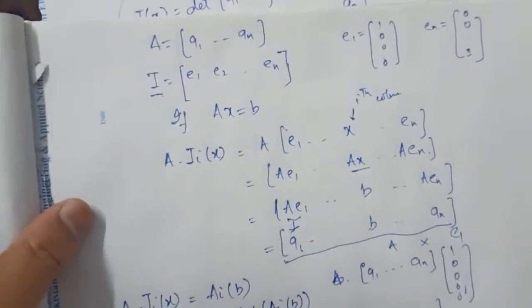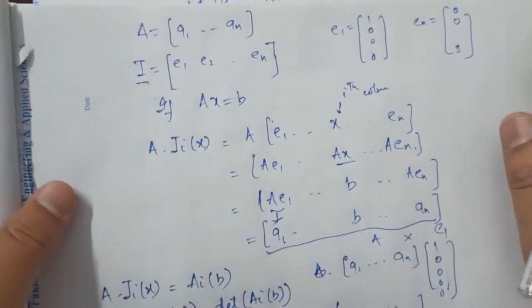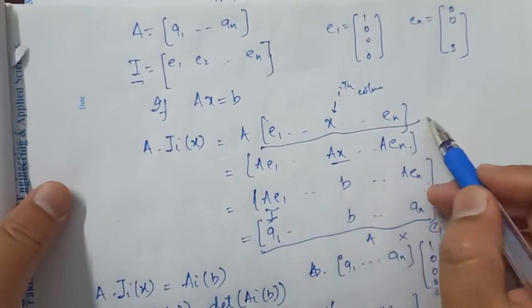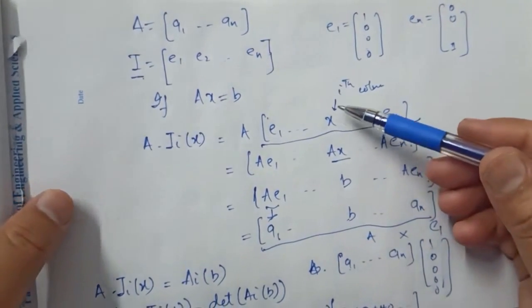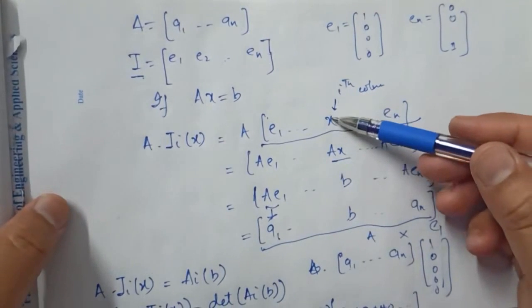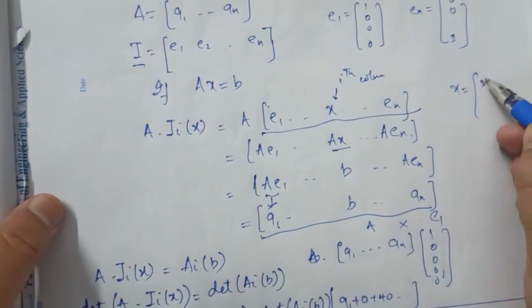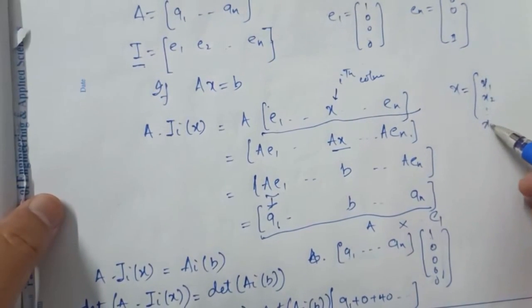See, this is I of x. So if you replace this by x here, so x is nothing but x1, x2 to xn.